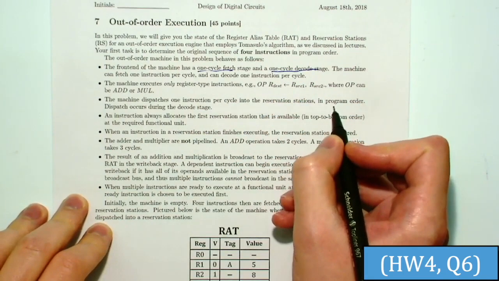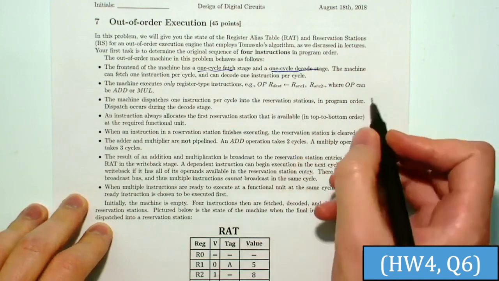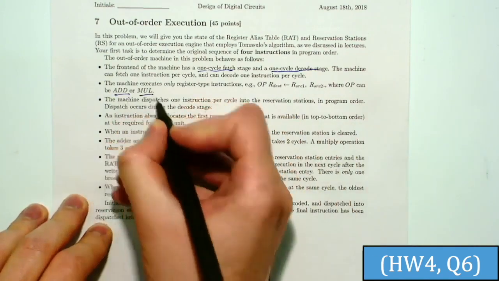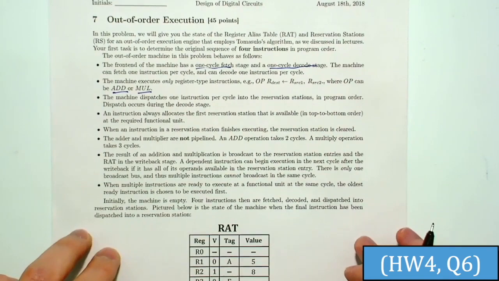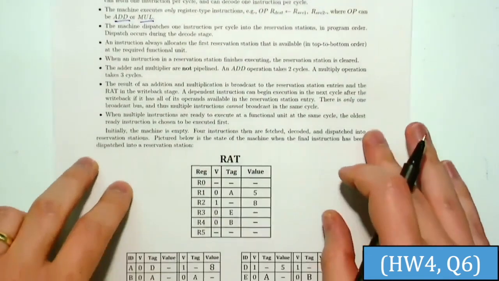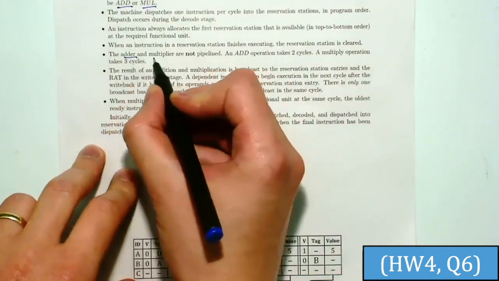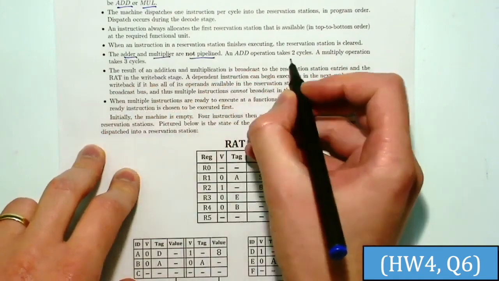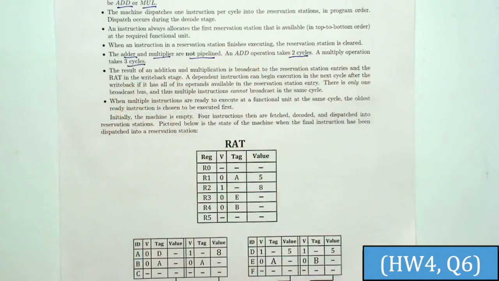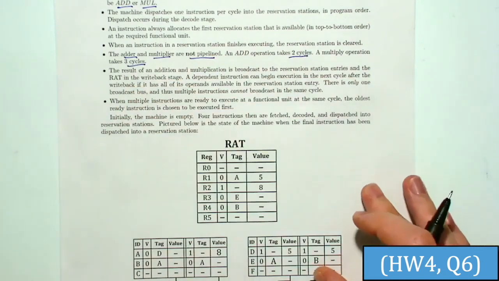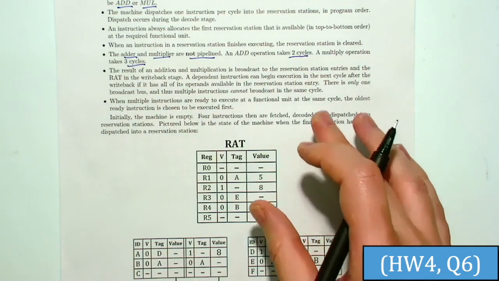And this machine can execute two different instructions, add and multiplication. And each of those takes a different number of cycles in the execution unit. The execution units, the adder and the multiplier, are not pipelined, and the addition takes 2 cycles and the multiplication takes 3 cycles. Let me see quickly if there was anything else that was important.